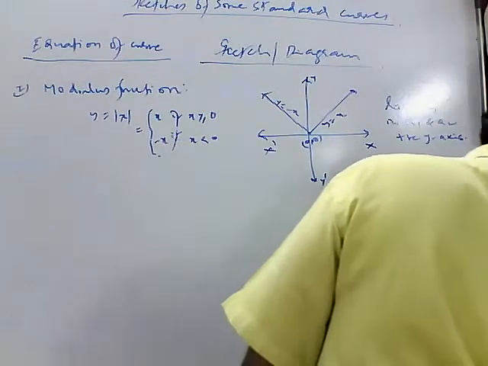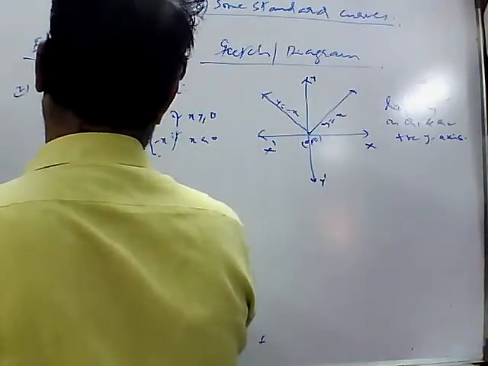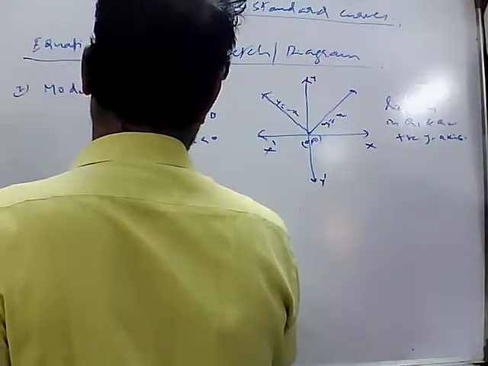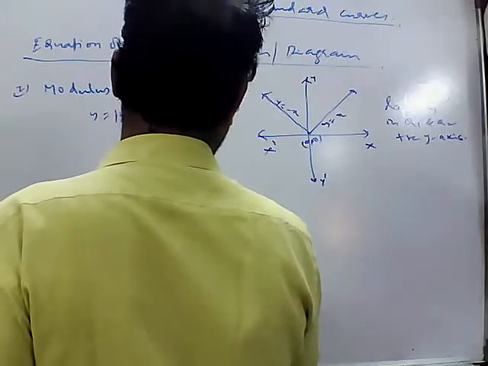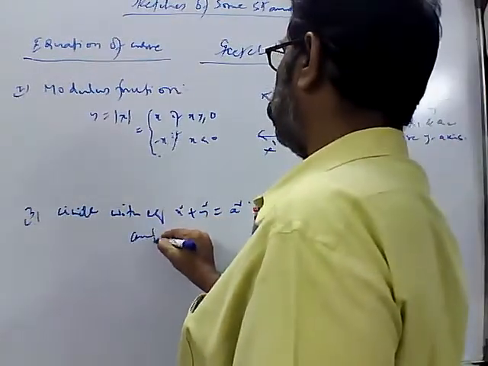circle x square plus y square equal to a square. So automatically the radius is a, okay? So the center is the origin.